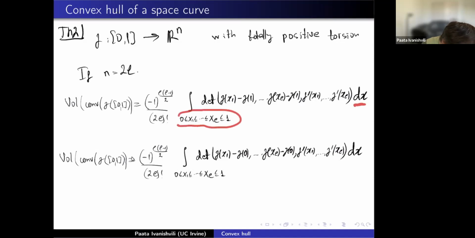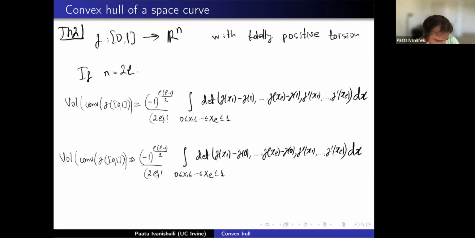So this is Lebesgue measure. You integrate, you get the formula for the volume, and then we have another one, a slightly different version of this formula. It's the same factor, but instead of subtracting gamma(1) in the first l coordinates, you subtract gamma(0), and then you integrate.